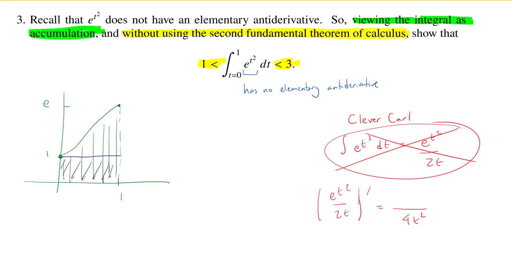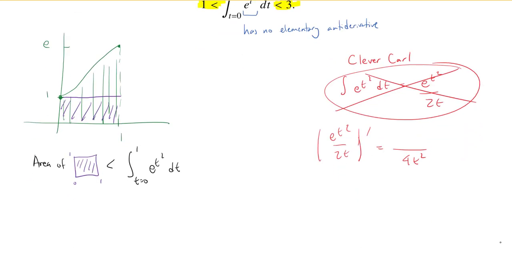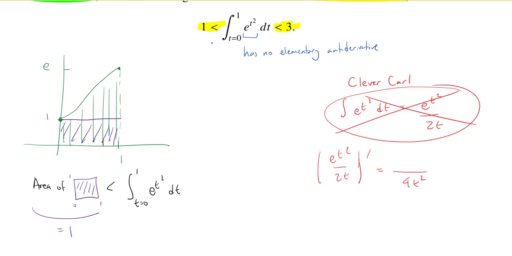I know that the integral is greater than the area of this purple square, which is a 1 by 1 square. Well, the area of a 1 by 1 square is just equal to 1. Hey, that's what we wanted.